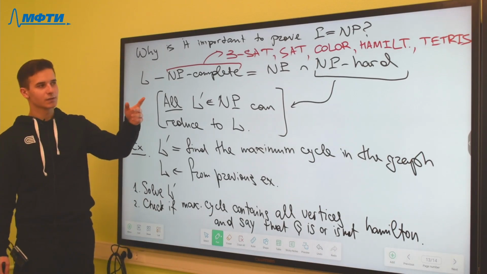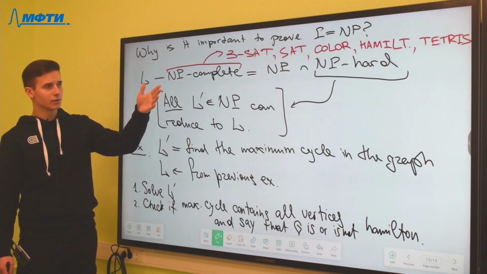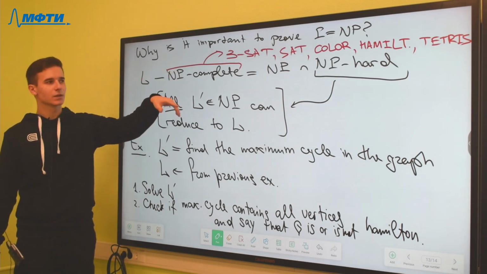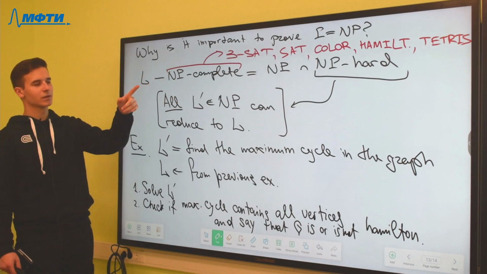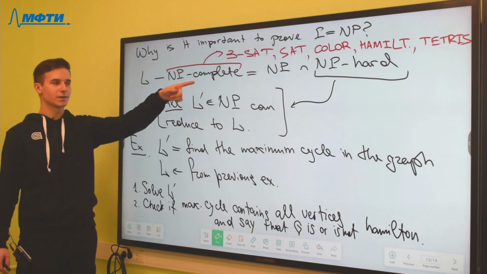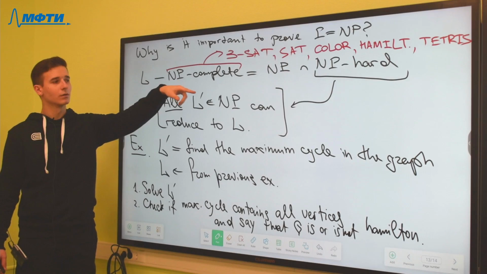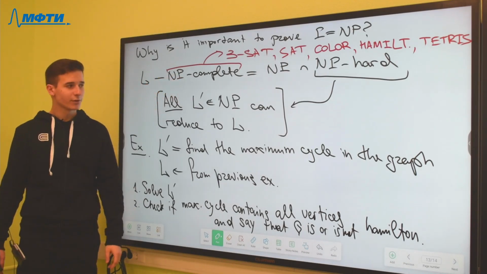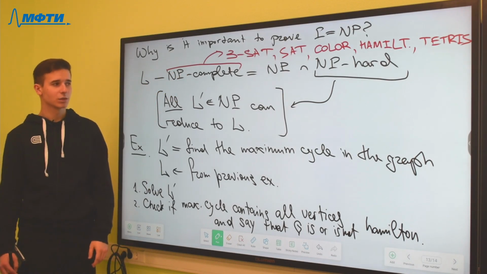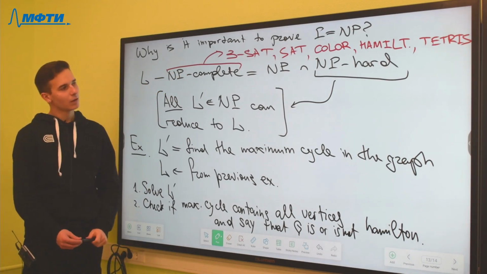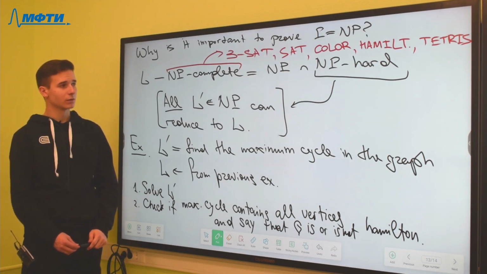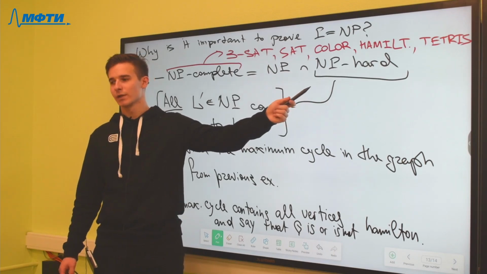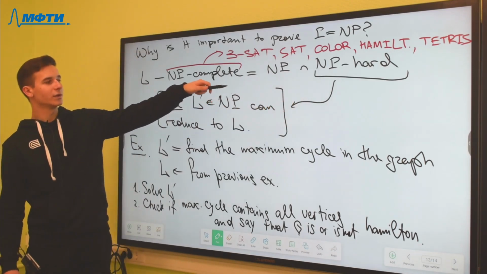So it is when we say that a language is NP hard. And if we have a language that is NP hard and is in the NP class, then we say that it is an NP complete task. Because of course there are some exponential tasks that will be NP hard, but are not in the NP class.